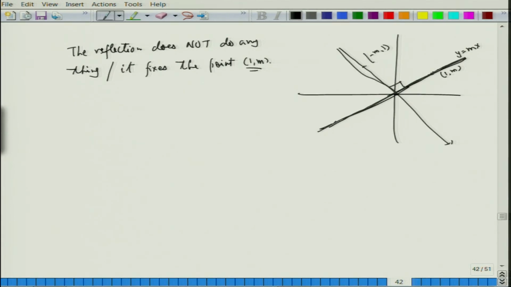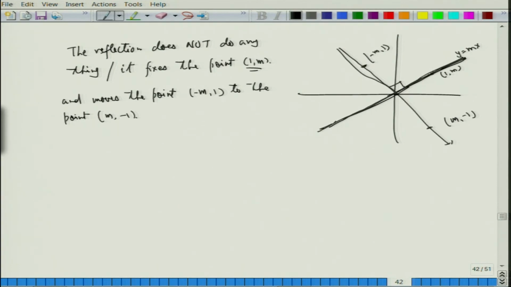And what does it do to this point minus m comma 1? It moves the point minus m comma 1 to the point m comma minus 1. All right. This is what the reflection does.